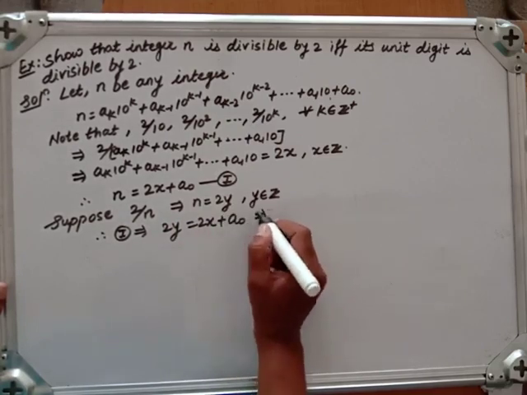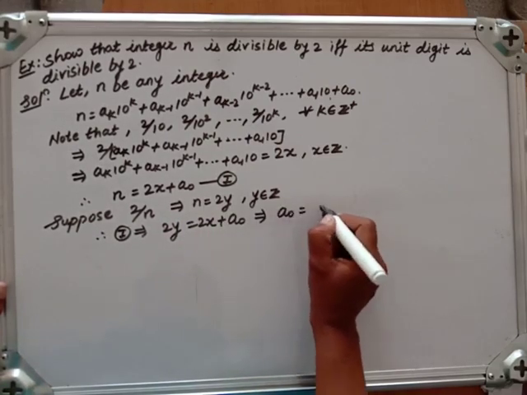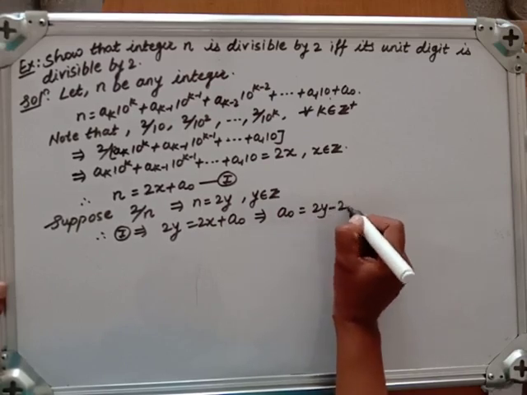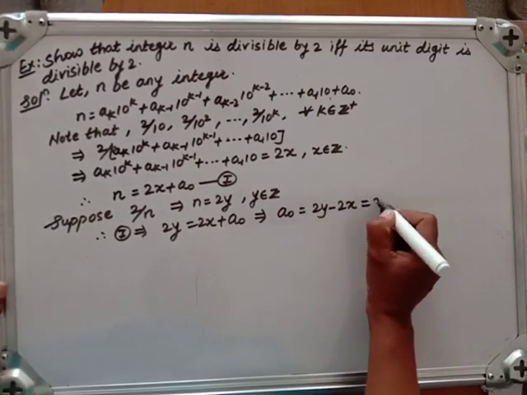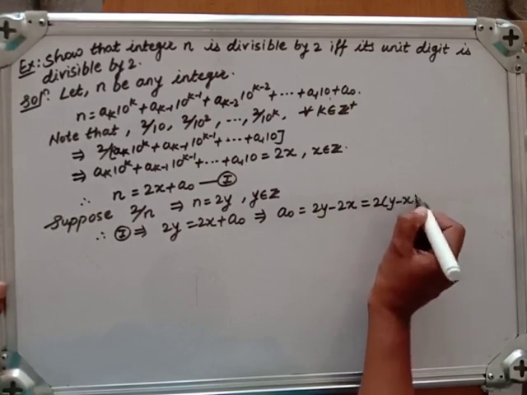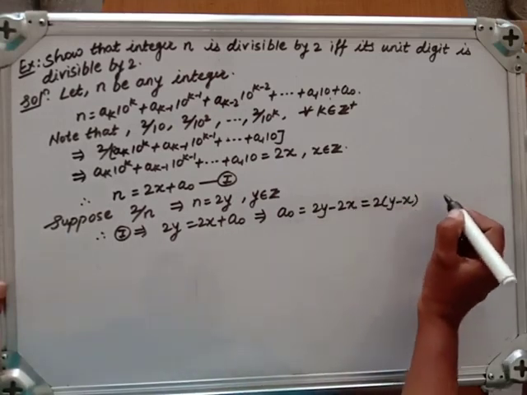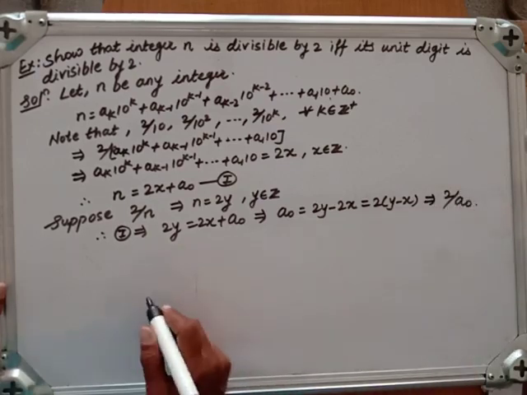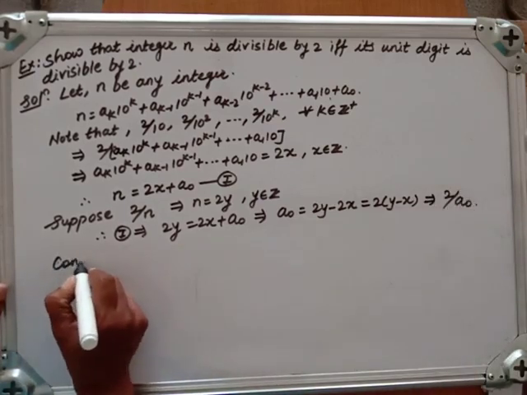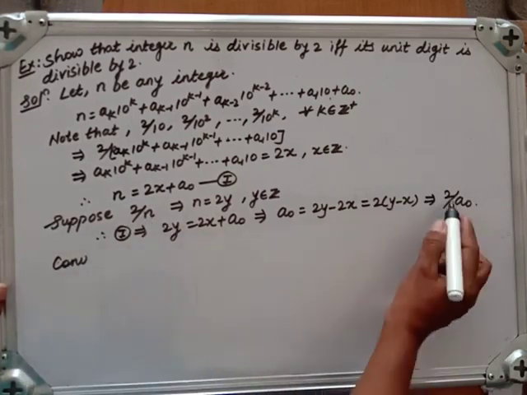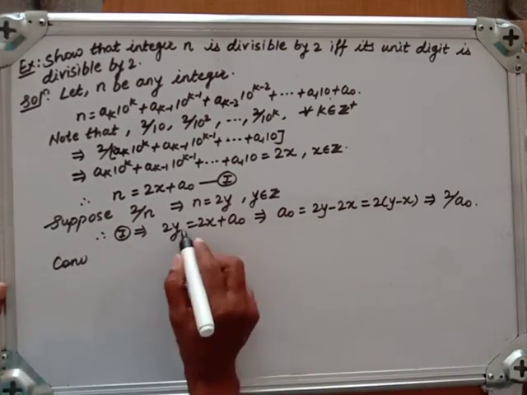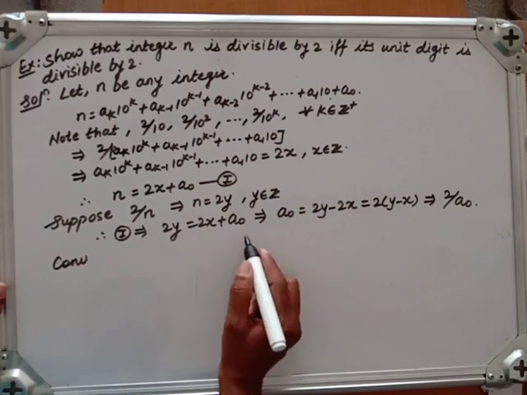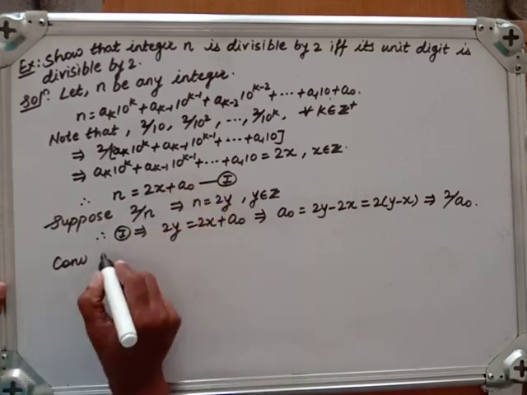So a naught is equal to 2y minus 2x, that is 2 into (y minus x). So what does this give? 2 divides a naught. So conversely, if 2 divides n, then 2 divides a naught also, which means 2 divides this number, this n also.